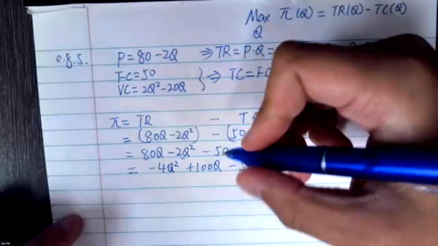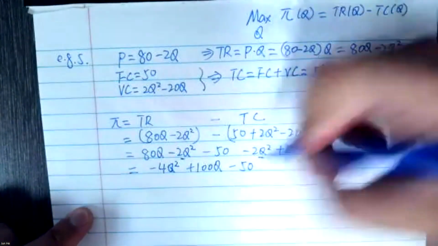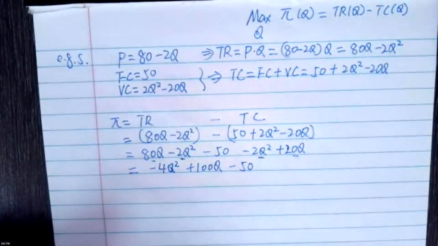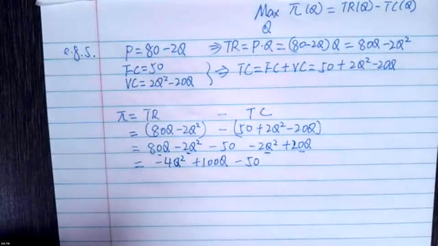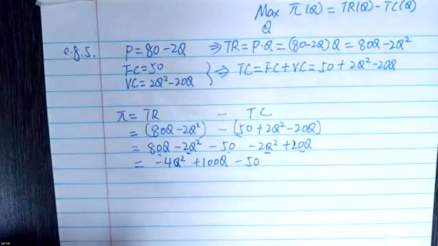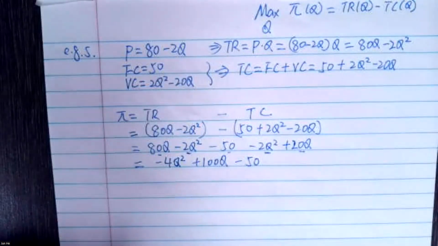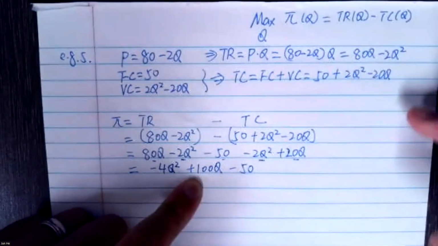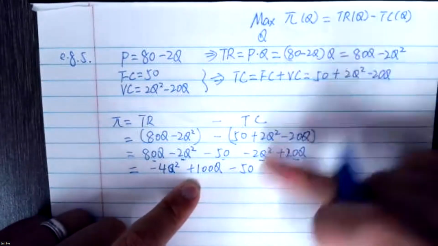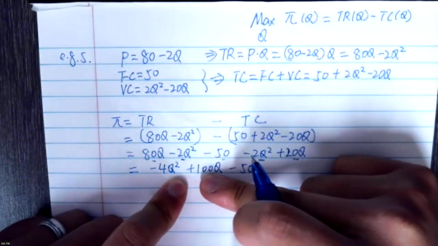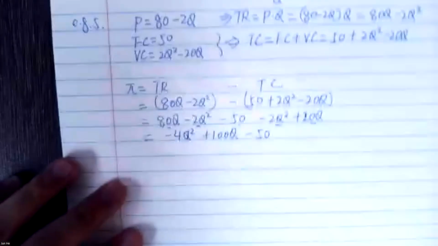I would suggest that after you calculate each term, just add a little line on it so that you know that you have already done this term. Here we need to deplete all the terms. So the profit is expressed as a function of Q, which is minus 4Q squared plus 100Q minus 50.